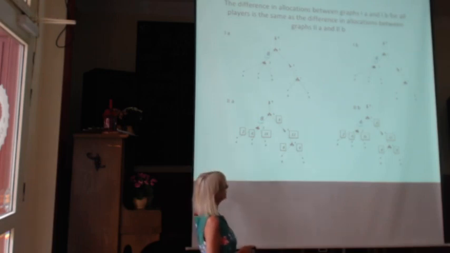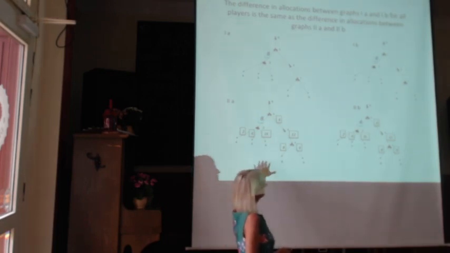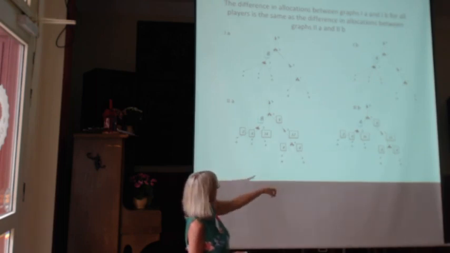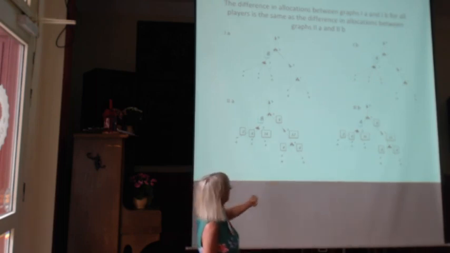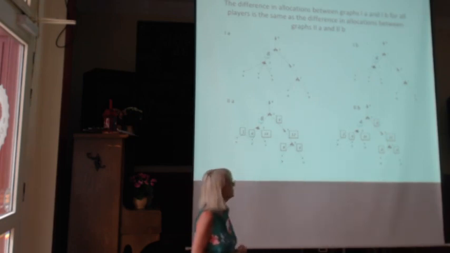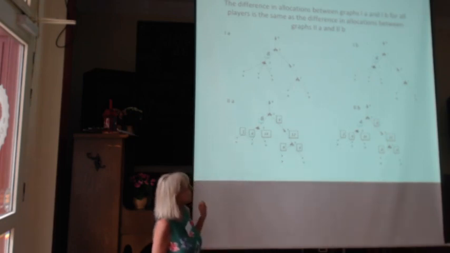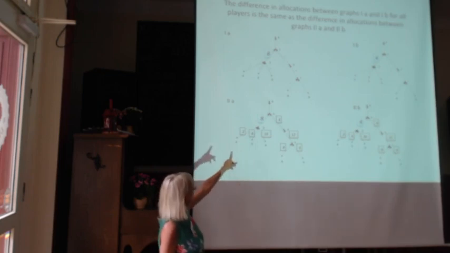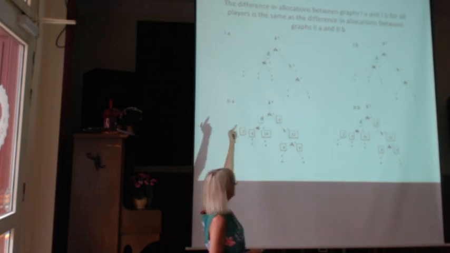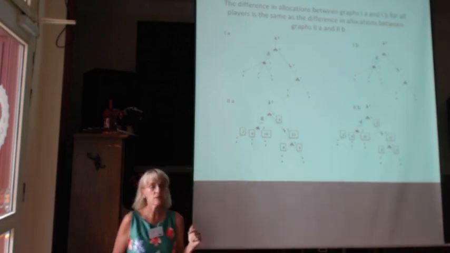What this property says is that if we look at the second set of graphs, 2A and 2B, they are the same except that pollutions on all the arcs except this one are double. And the change in allocation due to this reduction from 8 to 4 should be the same in both of these cases.